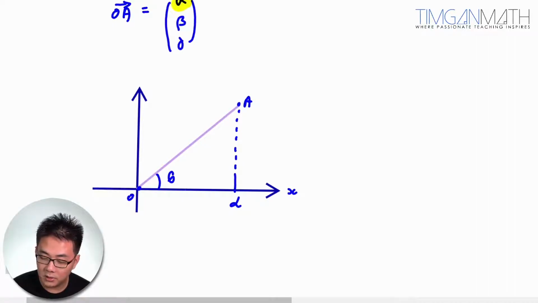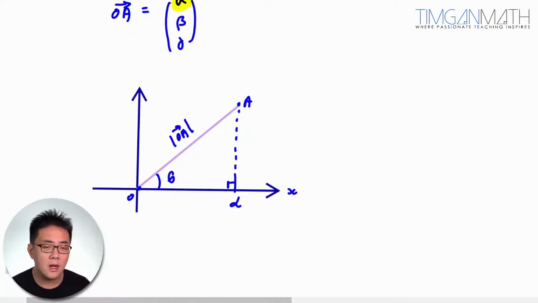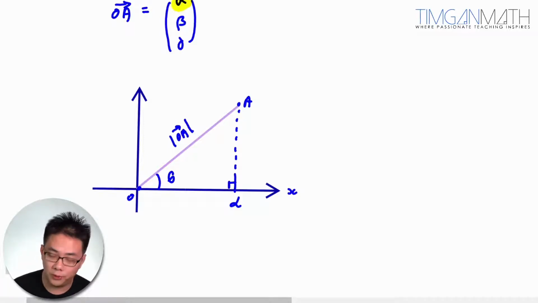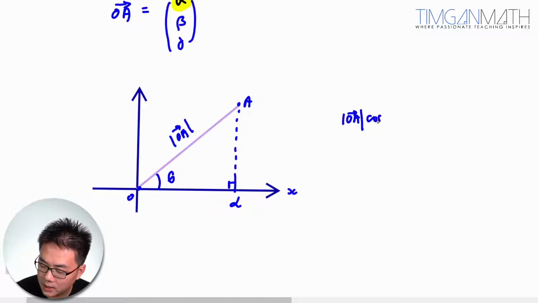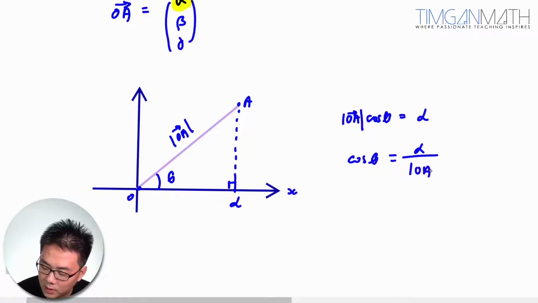Now the first thing you need to take note of is that this length here is modulus OA. And I'm just going to use the trigo ratio, which will tell us that cosine theta is given by alpha over modulus OA.